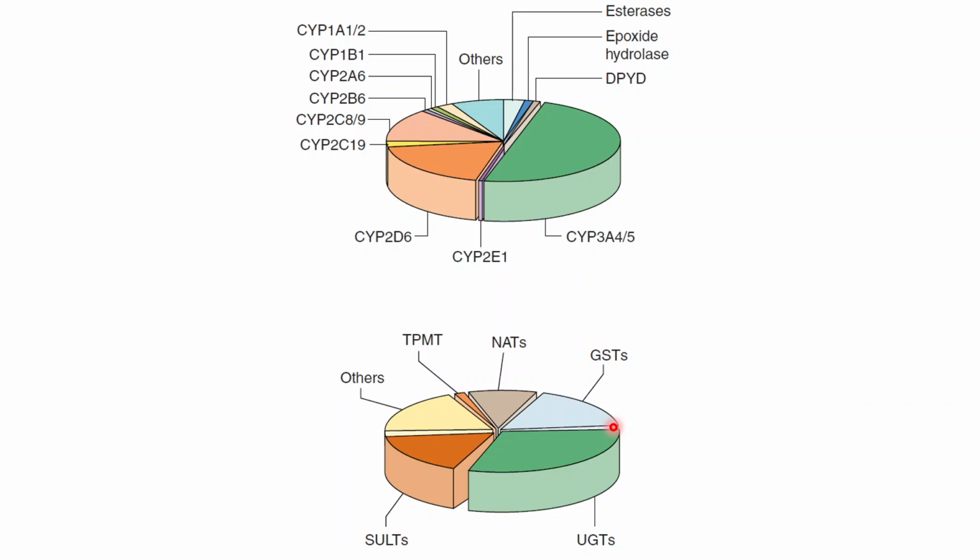So the administration of this antidote within 10 hours after acetaminophen overdosage protects the patients from the hepatotoxicity and death. So glutathione itself is not an antidote because it will not pass through the membrane.